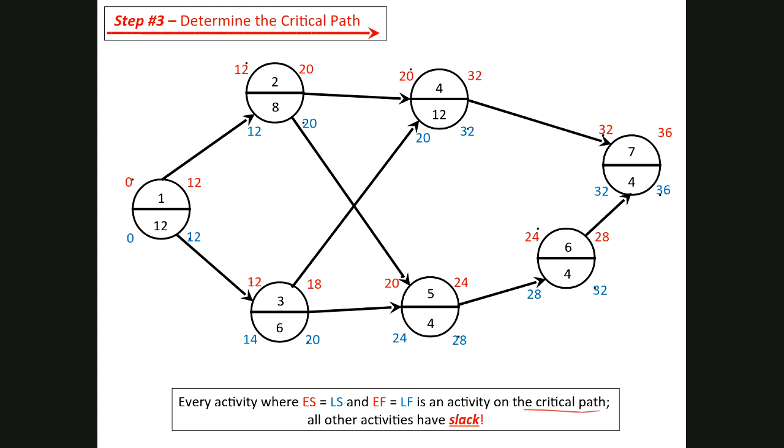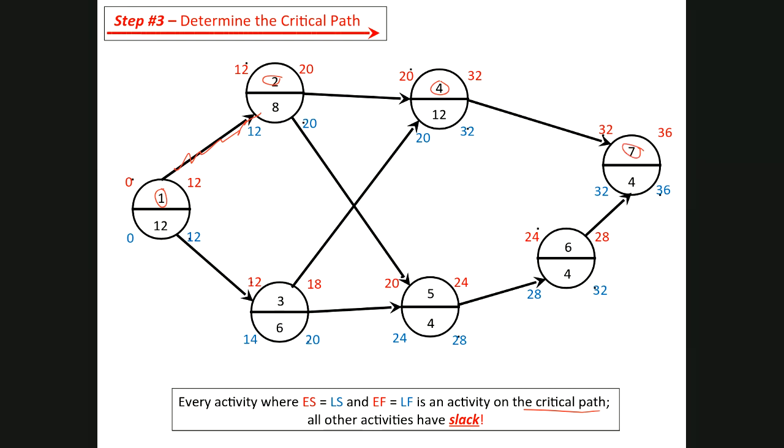Let's identify those. So task 1 is on the critical path. All right, and that's critical. That path is critical. Task 2 is on the critical path. Task 4 is on the critical path. And task 7 is on the critical path.